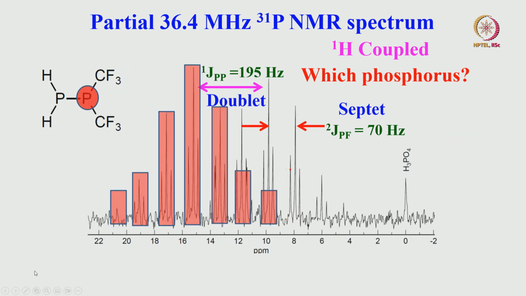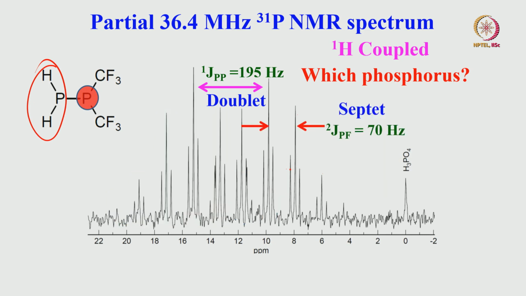And interestingly, each of these septet lines is split into a triplet because of this CH2 proton. So this phosphorus experiences 3 couplings. PP coupling is a doublet. Then it is a septet because of 2 CF3 groups, and each line of the septet is a triplet because of the PH2 group.